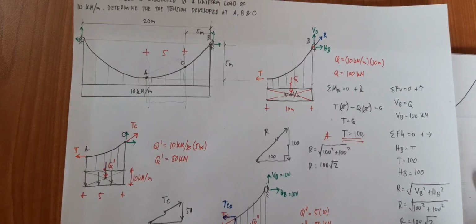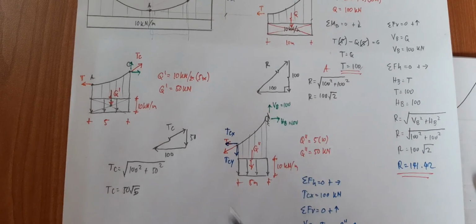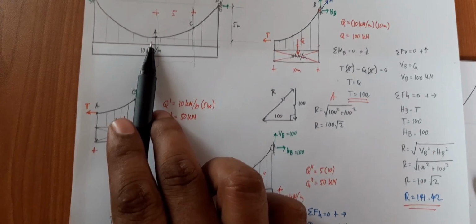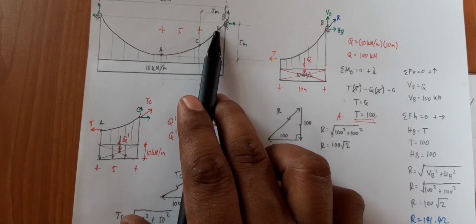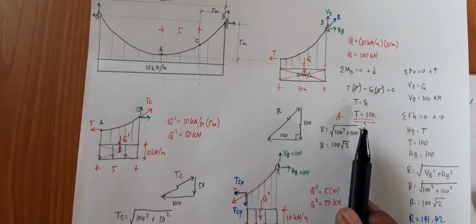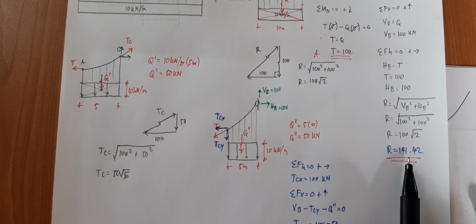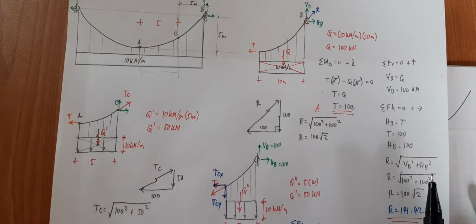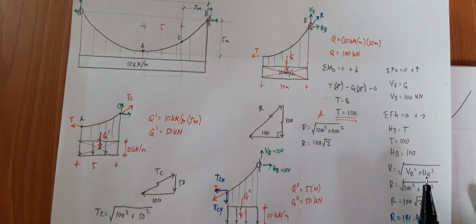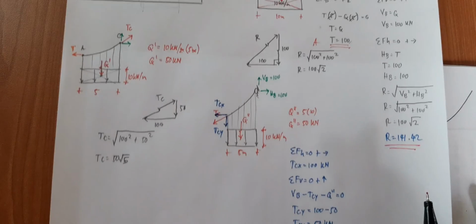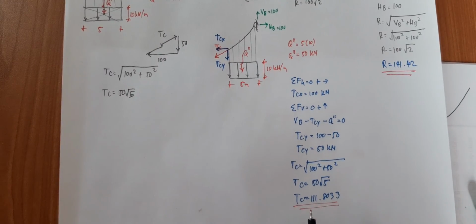So that again proves the statement from a while back that the lowest point has the lowest tension and the highest point has the highest tension. The lowest point is 100, the highest point is this one, and midway between B and A is C, which has a magnitude in between 100 and 141.